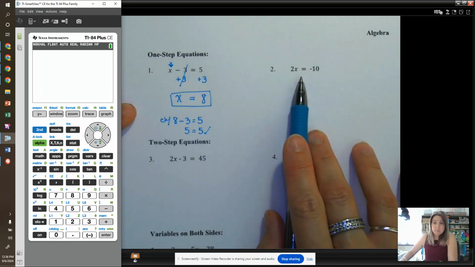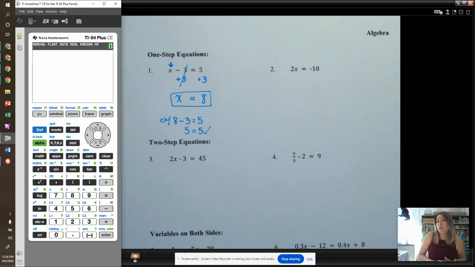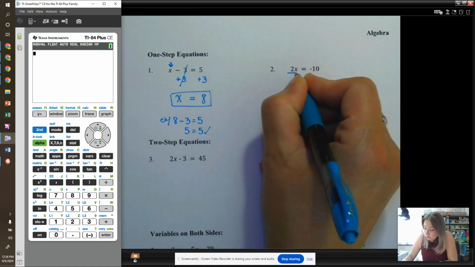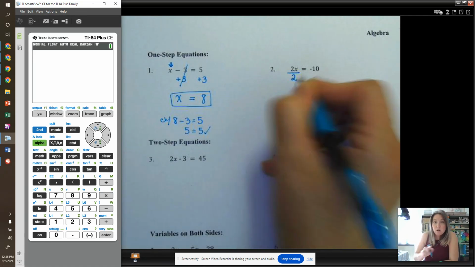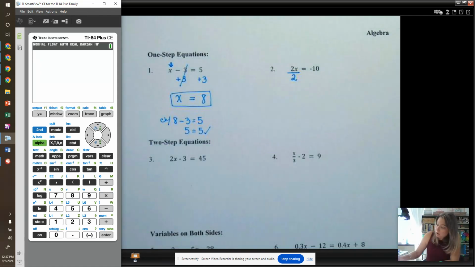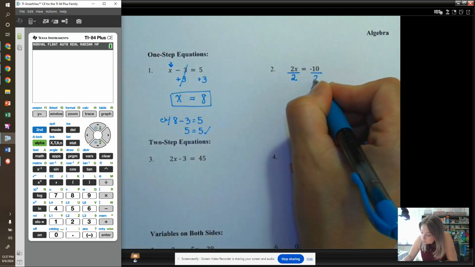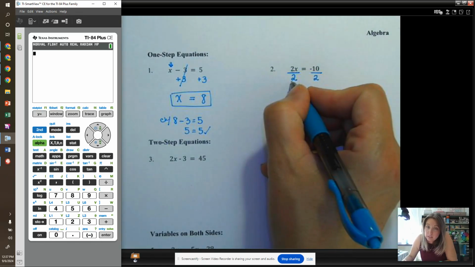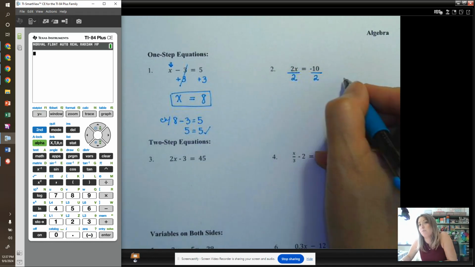Over here, the x is attached to the 2 by multiplication. And what's the inverse operation to multiplying? It's dividing. That's right. So we divide by 2, multiplication property of equality, on both sides. Whatever you choose to do to one side of the equal sign, you have to choose to do that same thing to the other.